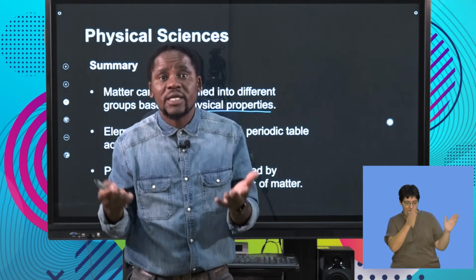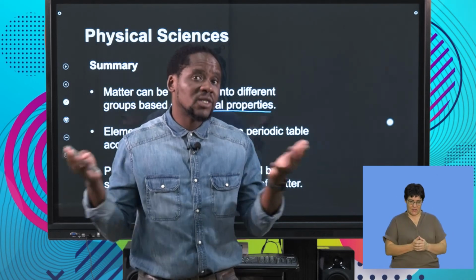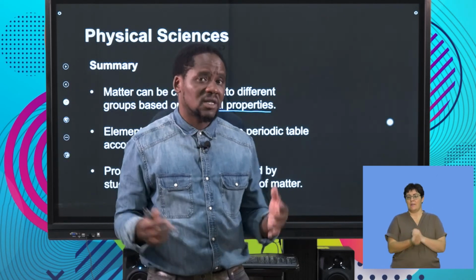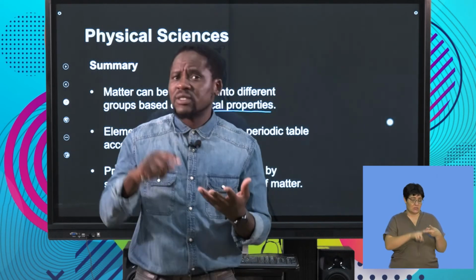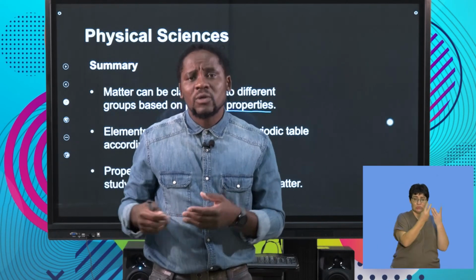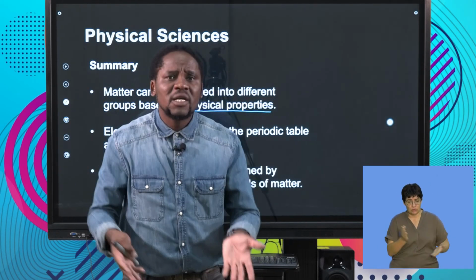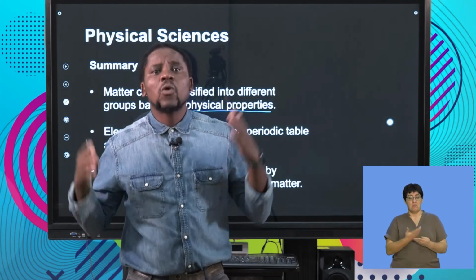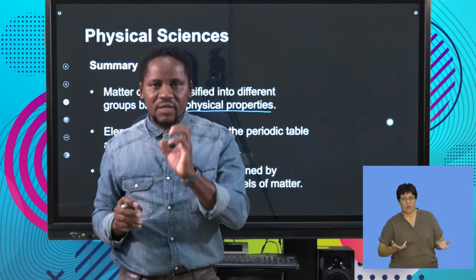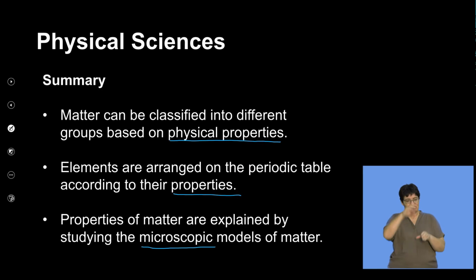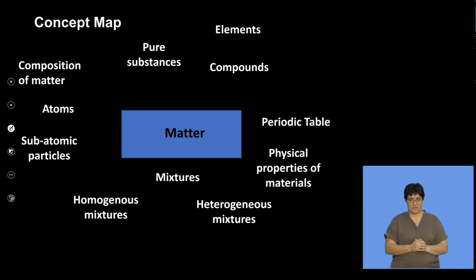It could also relate to the state in which it occurs under different conditions. Can it be a solid, liquid, gas? Does it dissolve? Is it able to conduct electricity? Is it a thermal conductor or insulator? All those are based on the microscopic composition of that particular material, right? So it's very, very important for us to understand that.